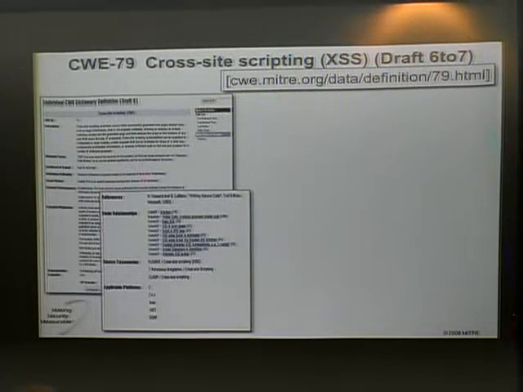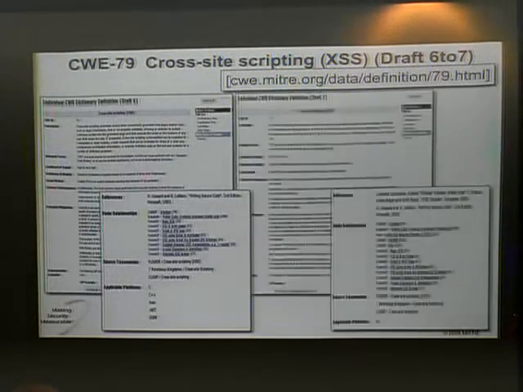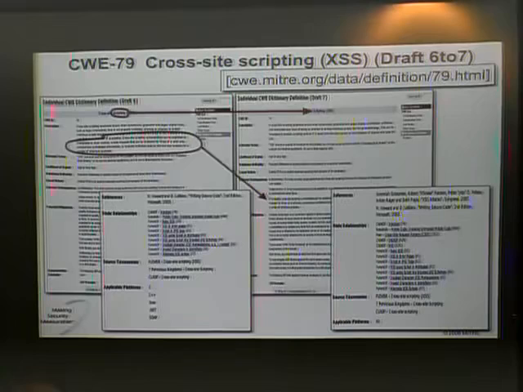So draft 6 to 7 did a lot of cleanup. It's obvious just from the screen. You can see everything that got changed, right? Well, maybe not. Little details, like you can say something holds for all code. You didn't have to list every single language you wanted.